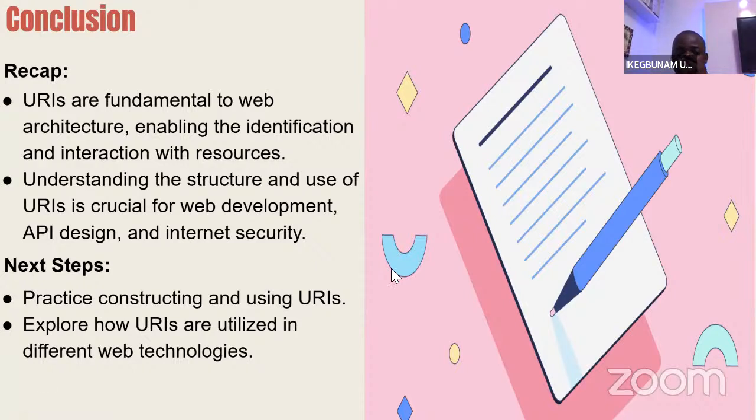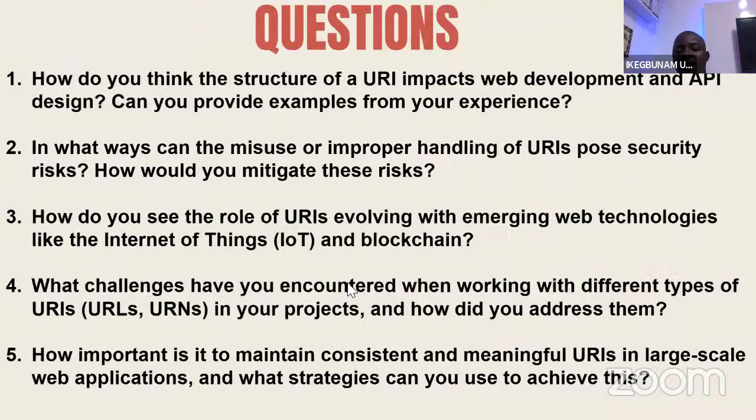So understanding the structure, the security approaches, and good use cases in terms of using a good URI, namespacing, and meaningful URIs for your application. The next step is to practice constructing and using URIs. Explore how URIs are utilized in different web technologies.